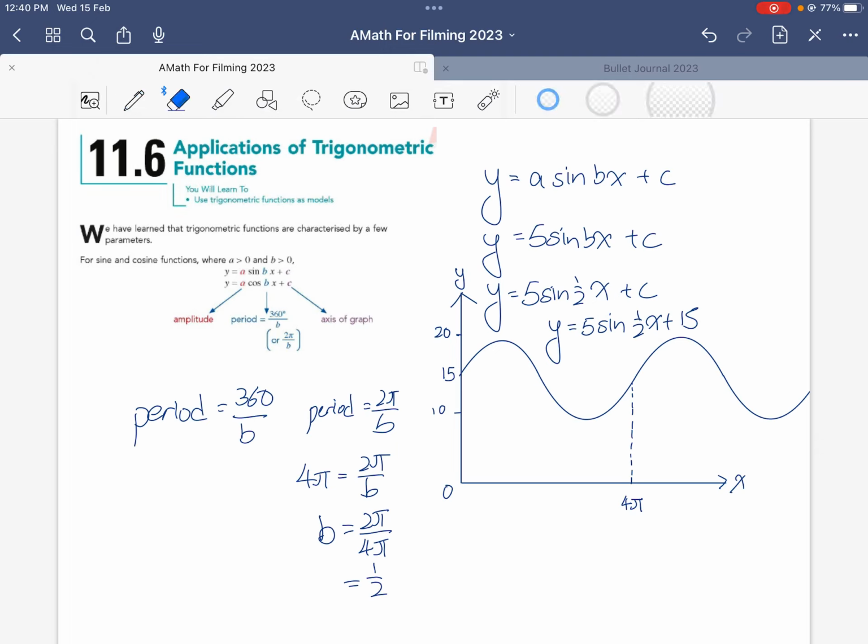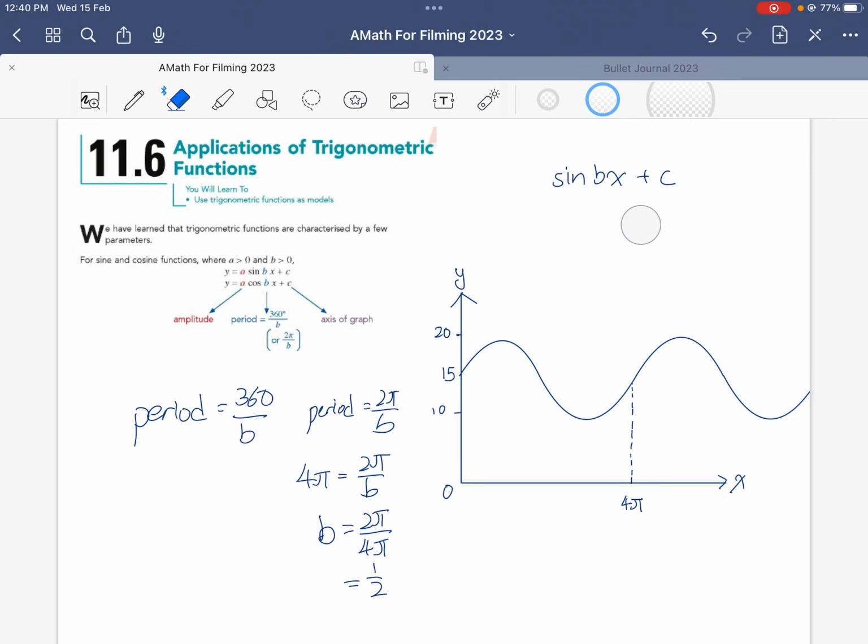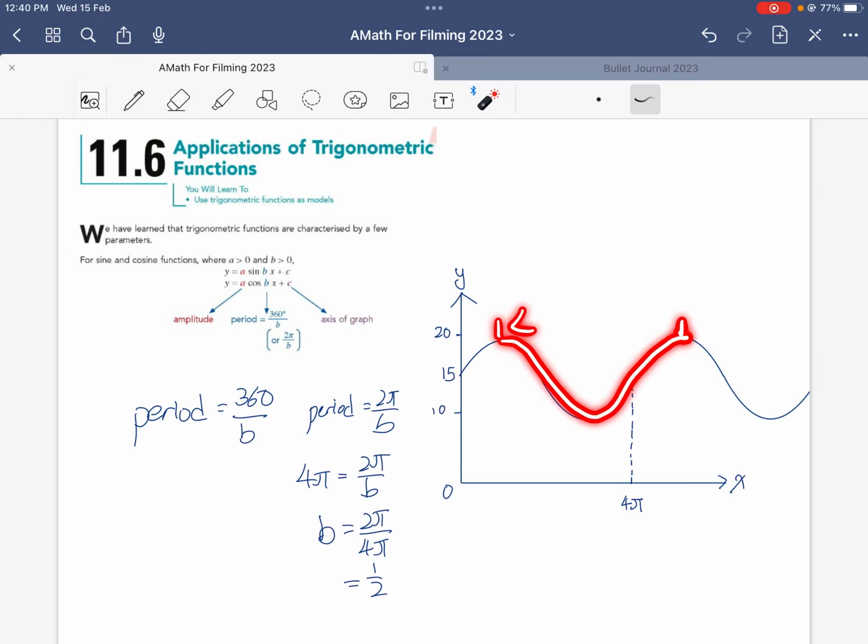Just before I carry on, there's one more thing that I want to say. Period doesn't necessarily mean one complete cycle in the sense that you can see it. For example, one complete cycle can be like this. Another way of seeing a complete cycle is from peak to peak. This is also one complete cycle, and it will give me 4 pi as well.